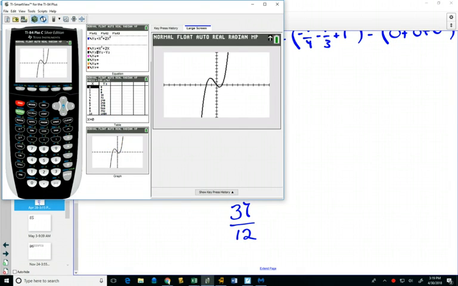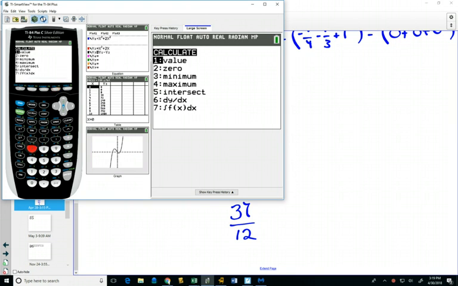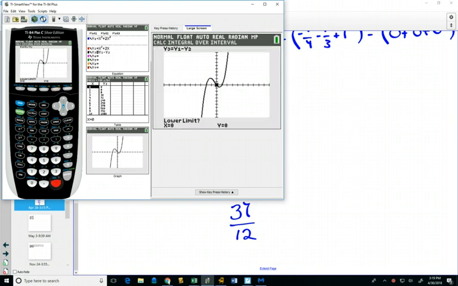And so now I can calculate that integral again, number 7, from -2 to 0, and it shades automatically when you go to calculate and do number 7, which is the integral. Okay?